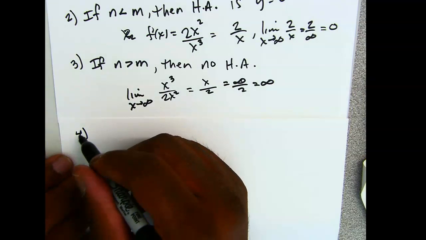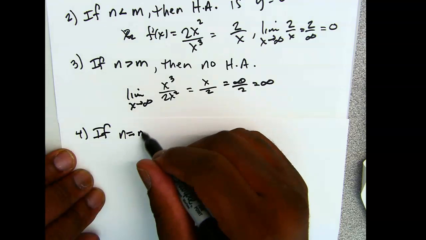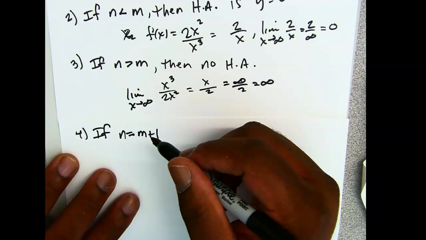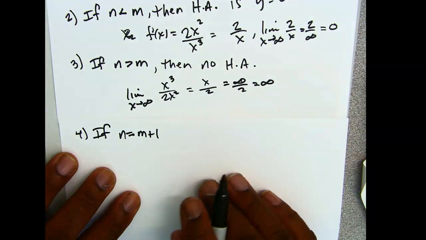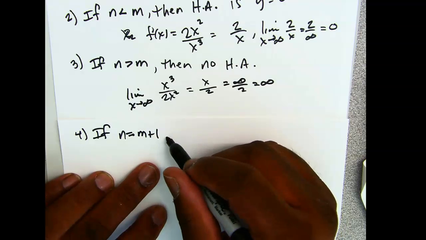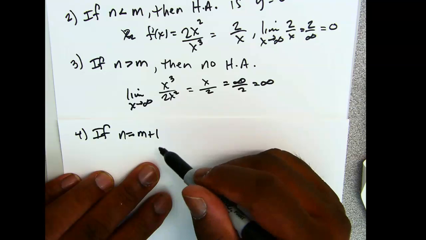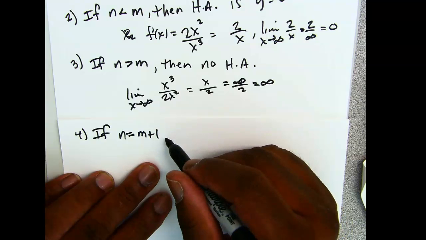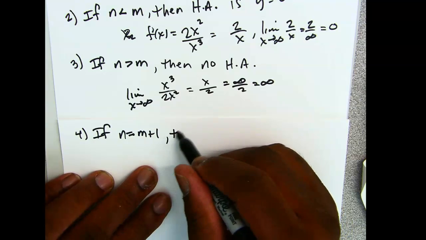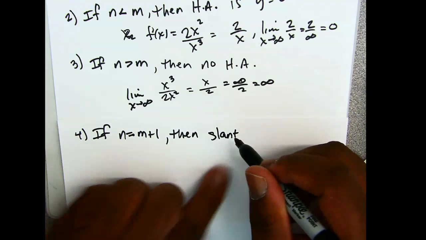Well, let's take a look at what if n is equal to m plus 1. Now, I don't know if you remember this from Algebra 2 or pre-calc. If the degree of your numerator is 1 more than the degree of your denominator, then you have a slant asymptote.